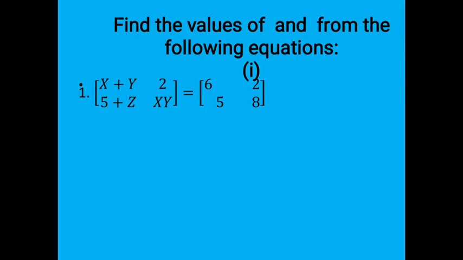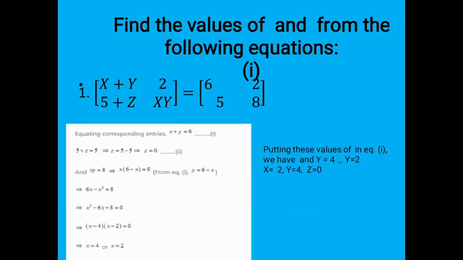Now you are getting here two terms, x plus y equal to 6 and xy equal to 8. So you will solve these two equations. How will you solve these two equations? You can see here x plus y is 6 and 5 plus z is 5, so just now I told you z equal to 0. Now xy is equal to 8.